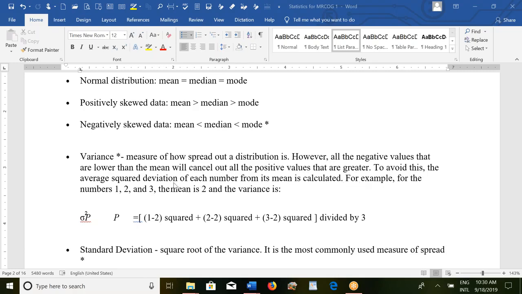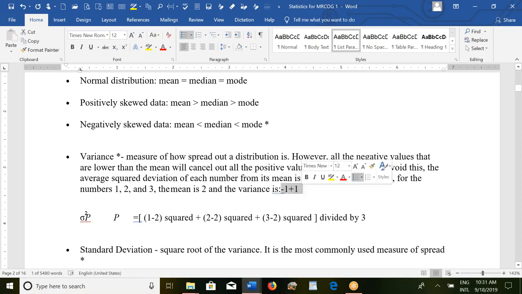To avoid this, the average squared deviation of each number from its mean is calculated. Because if you write down this data, -1, +1, +2, -2, then as you know in mathematics, they will cancel each other, right?